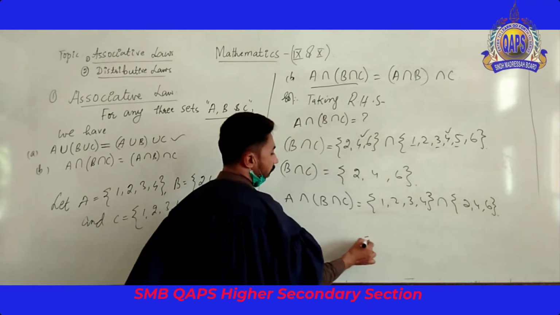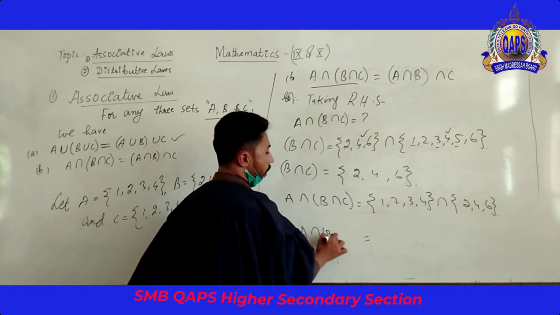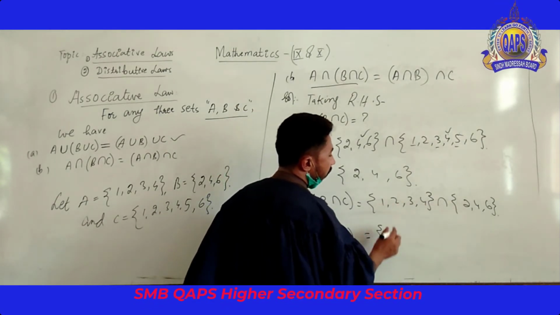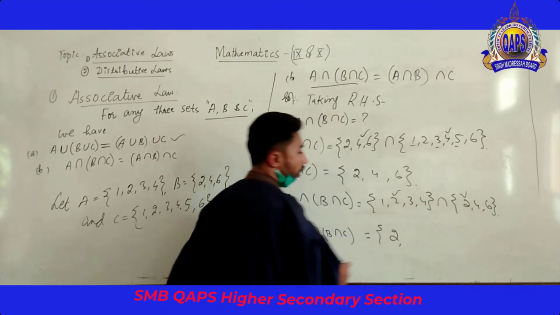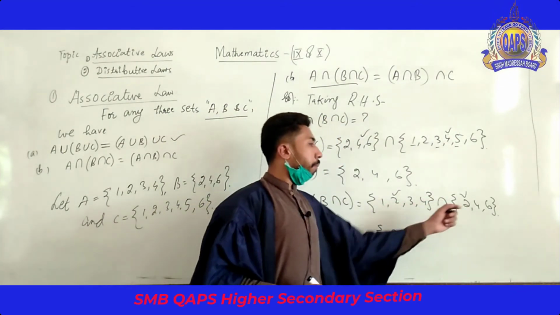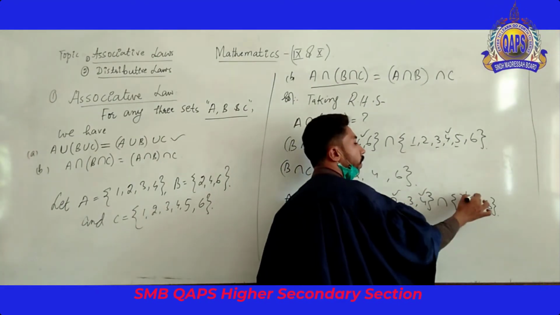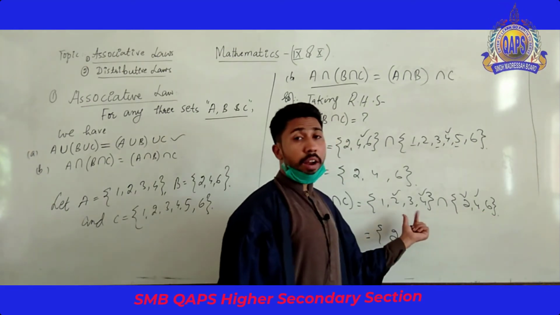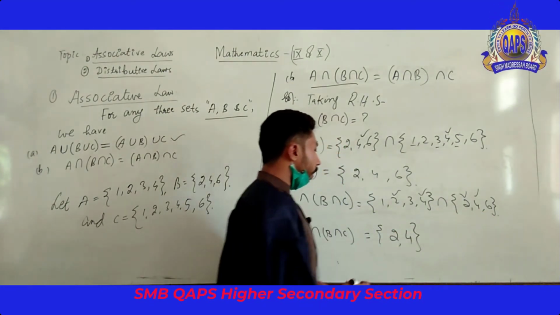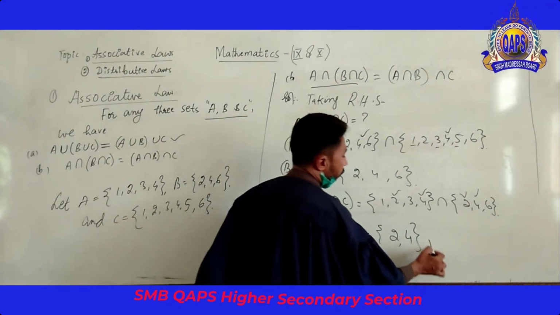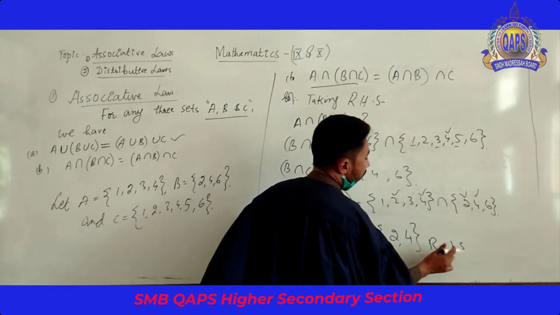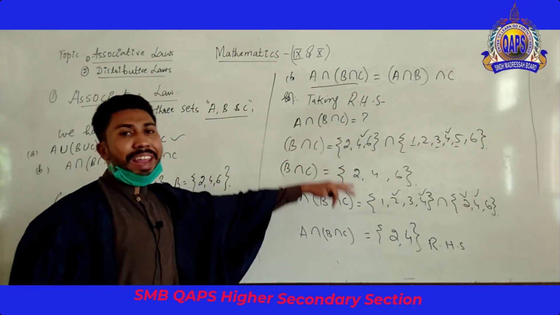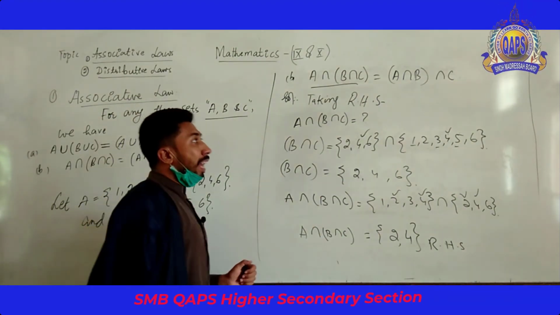In this set, 1 is not in both, 2 is in both sets so 2 is written, 3 is not present, and 4 is in both sets. 6 is here, but 6 is not in A. So that's why this set represents the right hand side. Now this law proves the right hand side. Now we prove the left hand side.